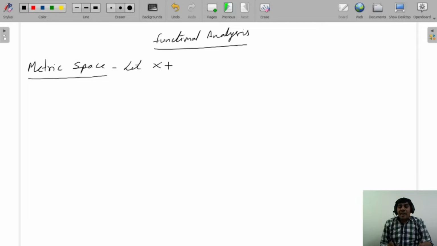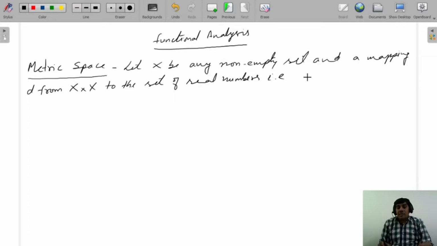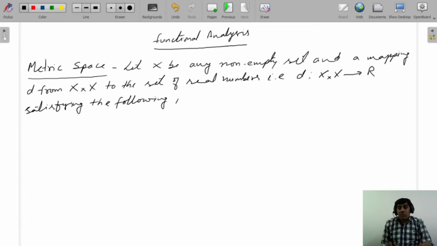Let capital X be any non-empty set and a mapping D from X cross X to the set of real numbers, that is D: X cross X to R, satisfying the following properties.